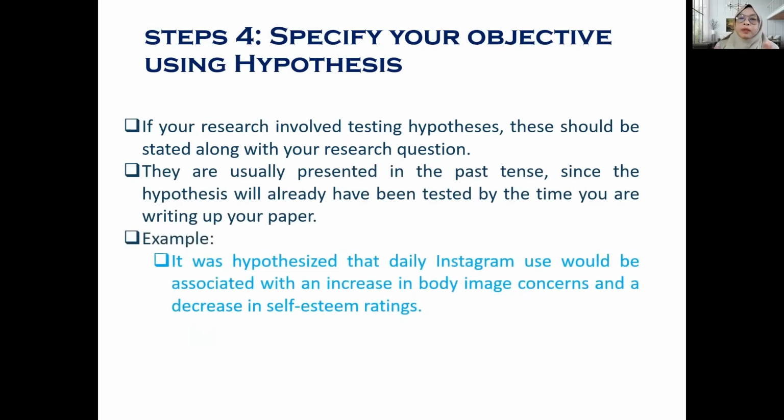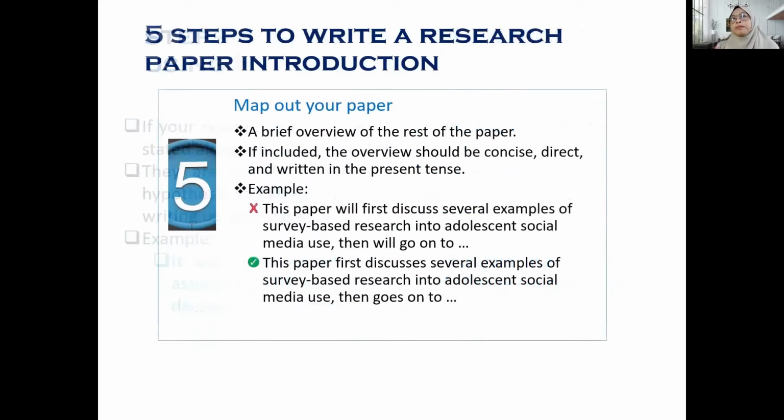So for example, it was hypothesized that daily Instagram use would be associated with an increase in body image concern and a decrease in self-esteem rating. So this is another way to state your objective in terms of hypothesis.